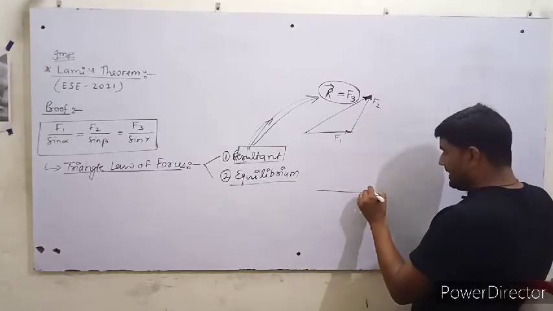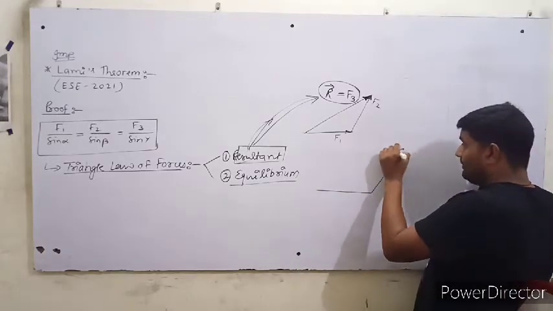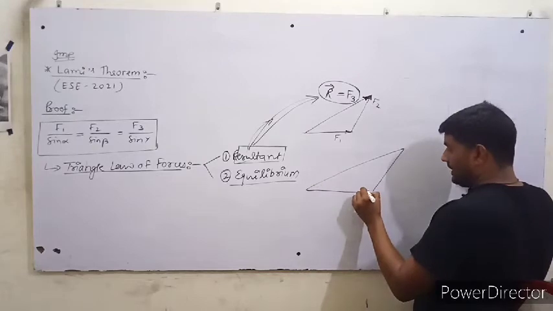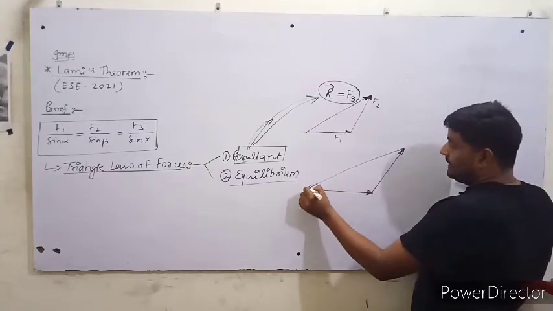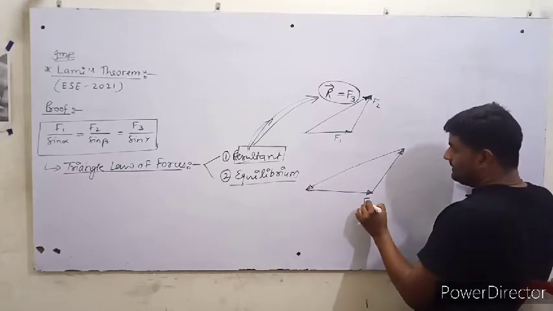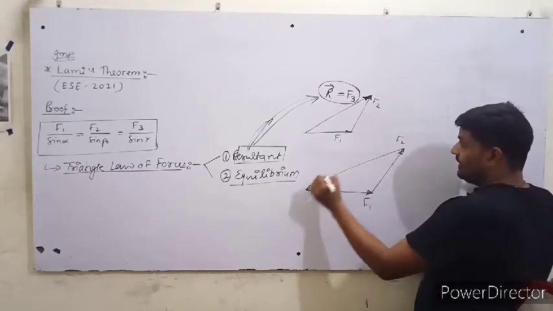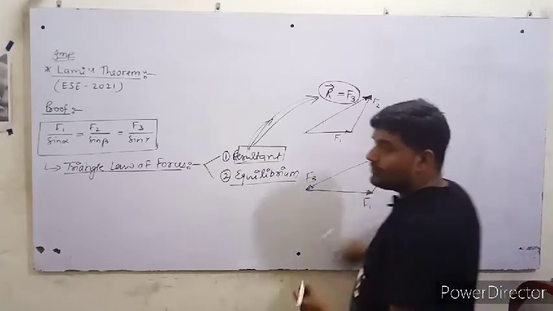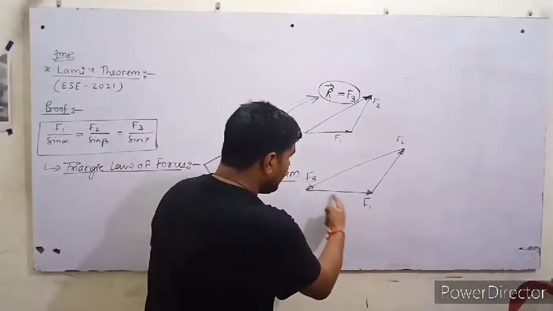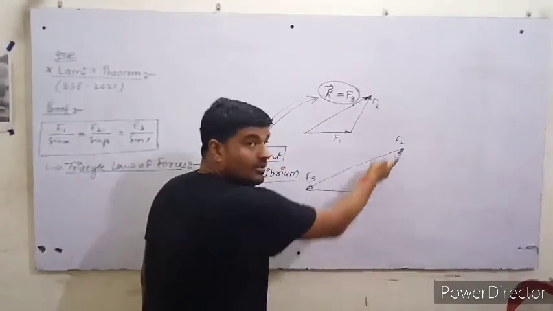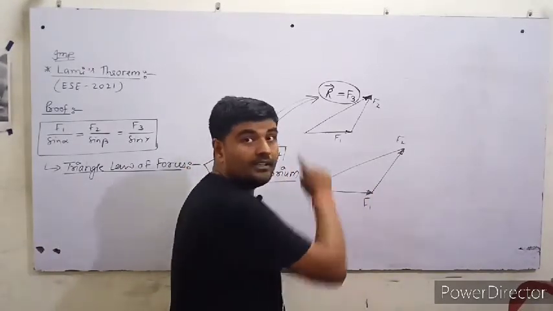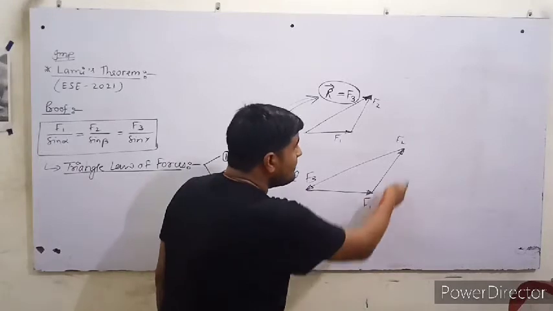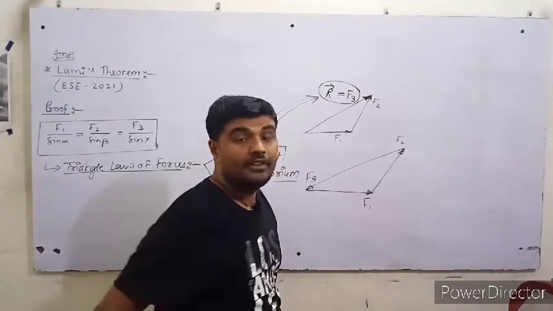If three forces act along the three sides of a triangle and are taken in order, then all these three forces will be in equilibrium.